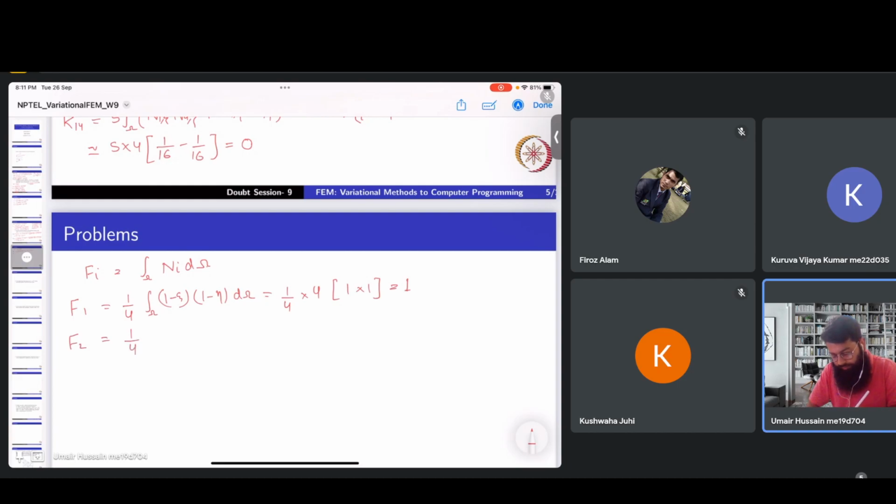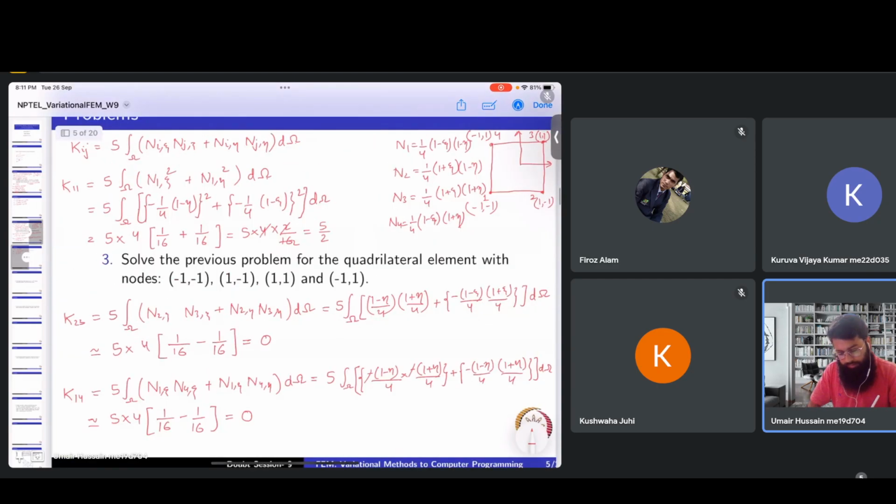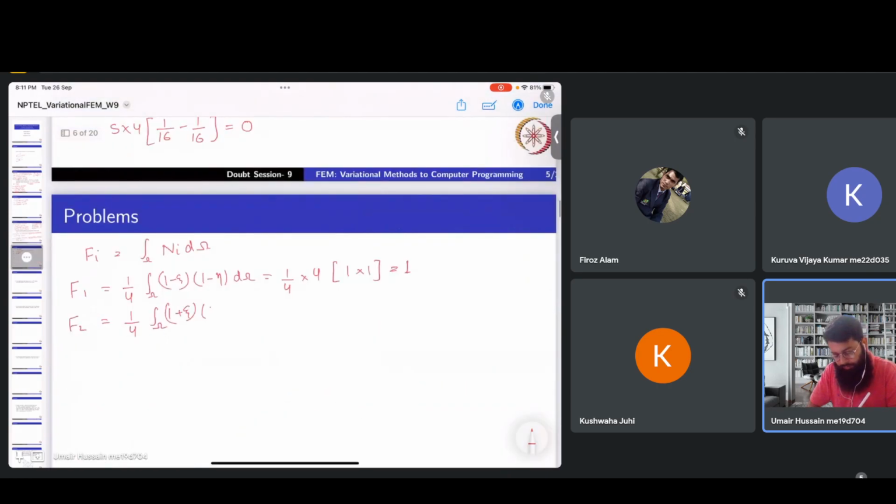F2 would be again 1 by 4, 1 plus eta. Again we apply Gauss quadrature. We have 1 and 1, so we'll again get 1. F3, you see whatever the sign between these functions, 1 plus minus eta, 1 plus minus eta, we'll always get 1 here.